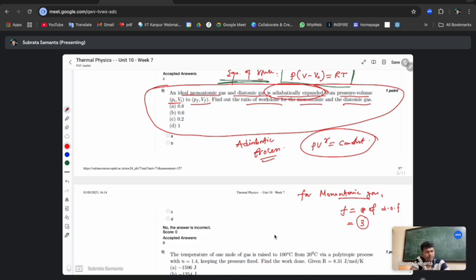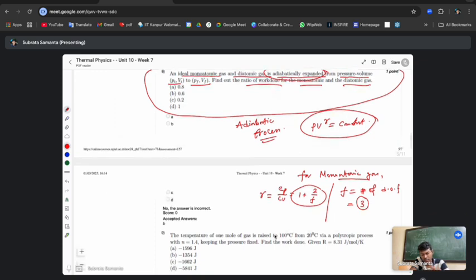Then gamma, the ratio of Cp by Cv, is 1 plus 2 by F. I have derived this at some point, maybe in the first class, you can go back to that recorded lecture. So if you put F equals 3, this is 1 plus 2 by 3, which is 5 by 3. This is the value of gamma for monatomic gas.